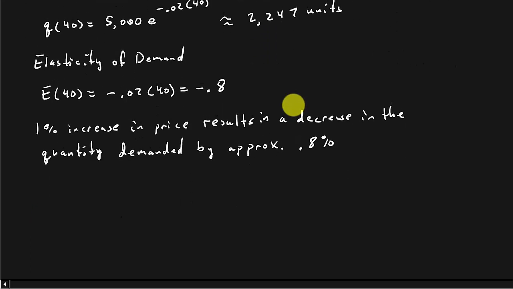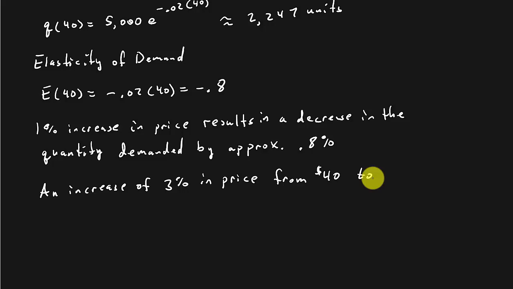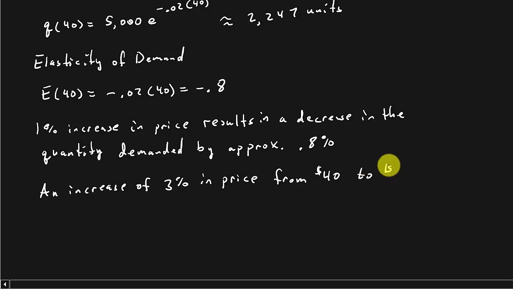So an increase of 3% in price from $40 to, now what's 3% of 40? If you take 40 times 0.03, you get 1.2. 1.2 plus 40 would give us $41.20.